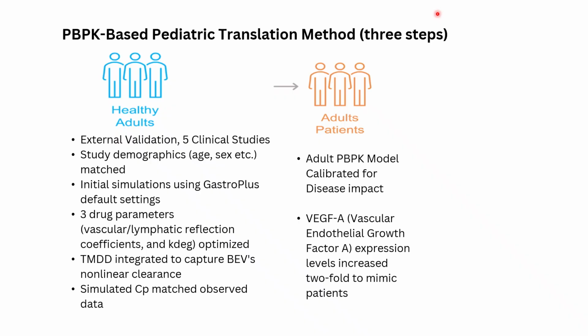Then, in step 2, the validated adult PBPK model was calibrated for disease impact. VEGFA expression levels were increased by two-fold to reflect the higher circulatory concentrations found in patients.